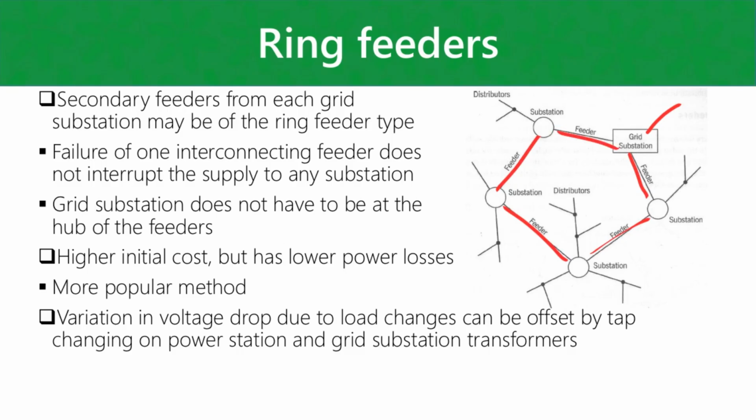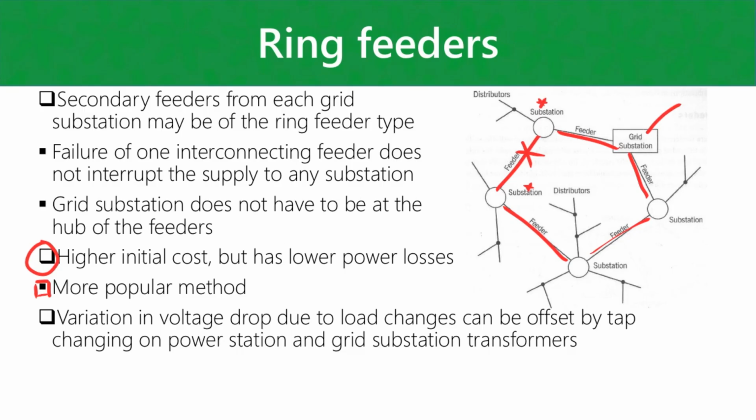If this feeder here fails, you still have the other feeders that can feed into these two other substations, keeping the power on. So this has quite a bit of redundancy in protecting against power failures or cable failure. The drawback is a higher initial capital cost, but it has lower power losses, and it is a more popular method for distribution and transmission networks.